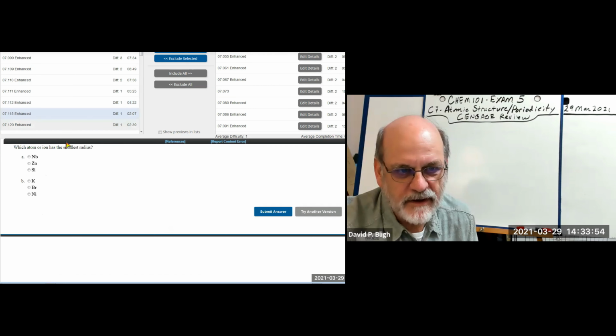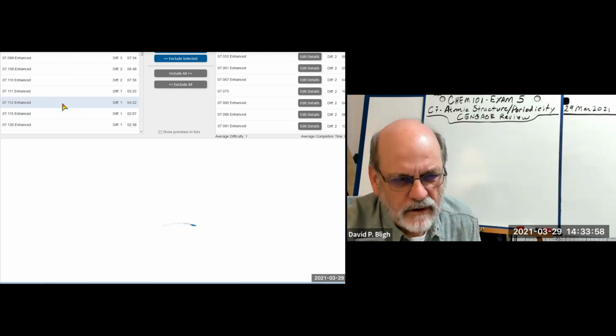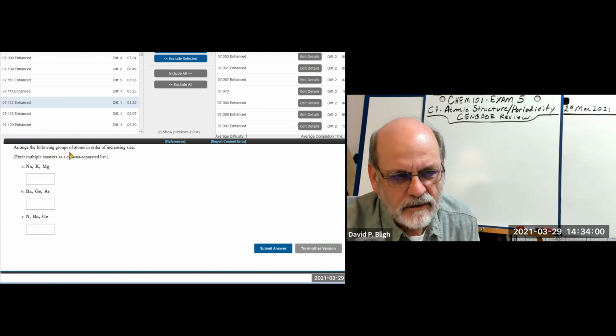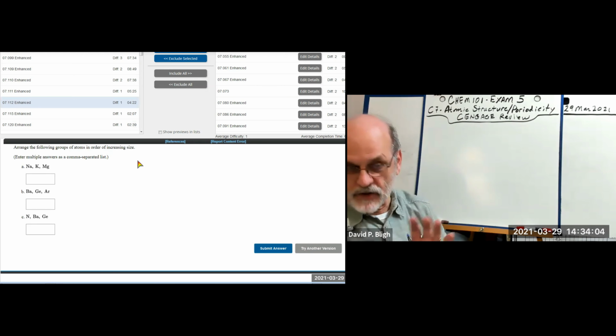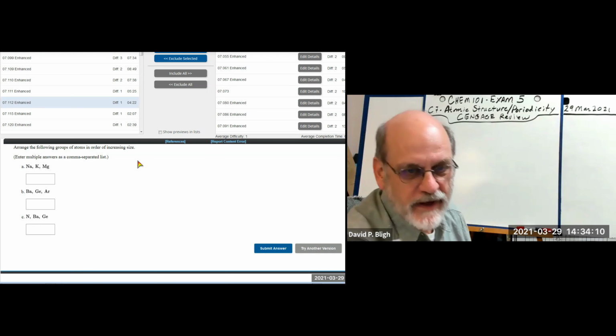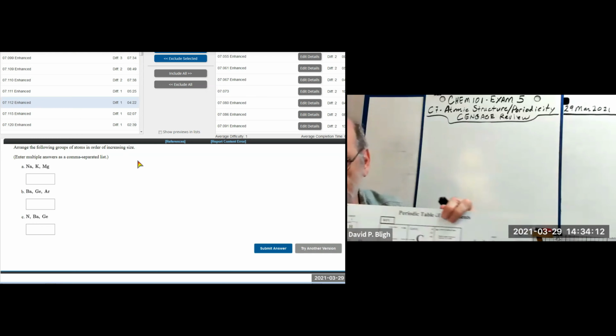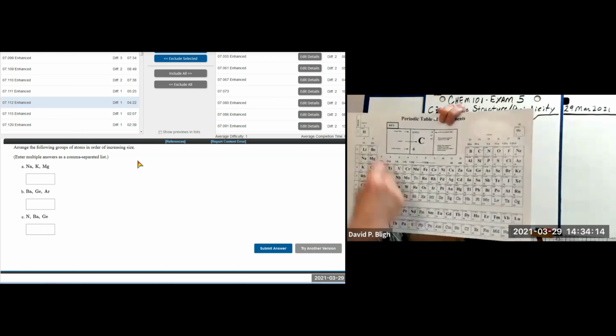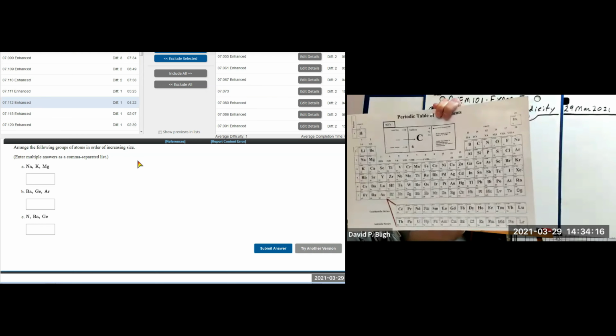Let's move down some. Wait a minute. What was that one? Was that radius? Ah, increasing size. Excuse me. My mistake. This is different. It's a different trend. So what is the trend for atomic size? They get bigger going down, correct?